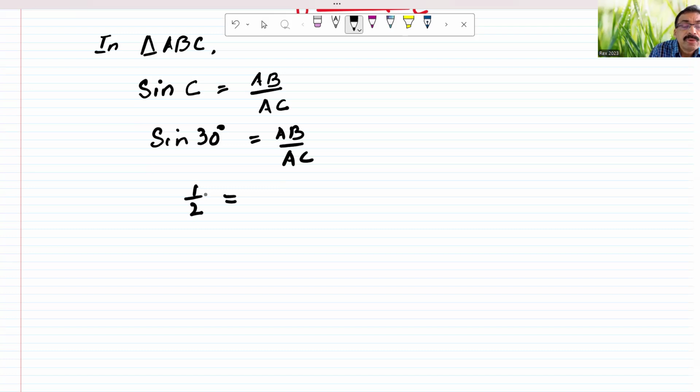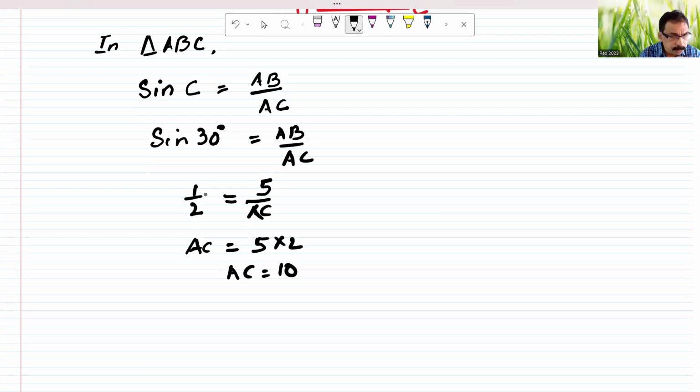That is equal to AB, which is given as 5 centimeter, over AC. AC is not given, AC is what we're going to find out. Now cross multiplying, you get AC into 1 is equal to 5 into 2. So AC is equal to 10.